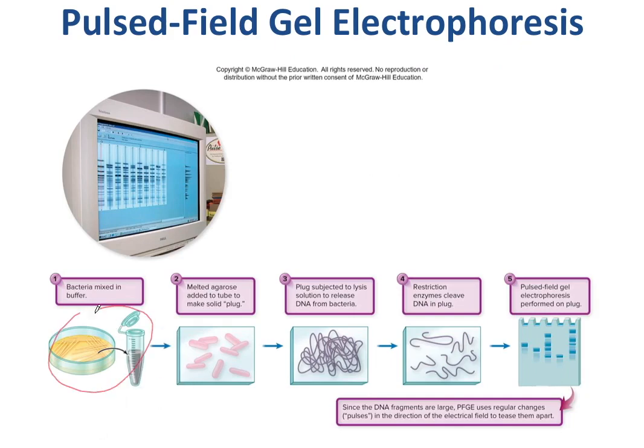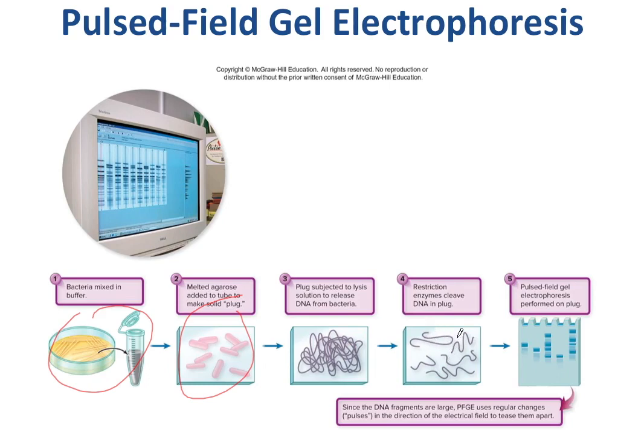So we get the bacteria samples. Okay, we lyse the samples to release the genome, the chromosome. Since the chromosome is very long, the DNA is very long, we have to use the restriction enzyme to cut the DNA into small pieces.